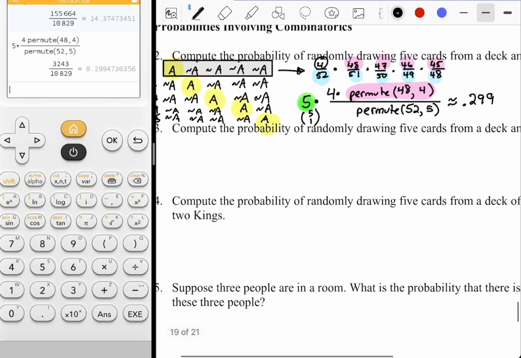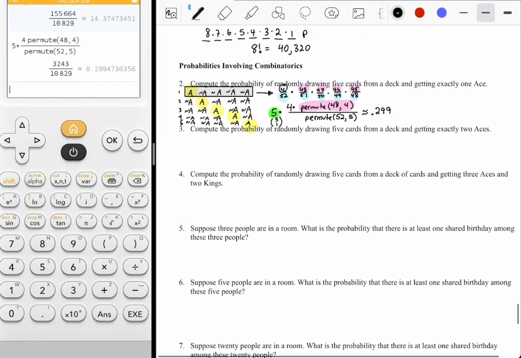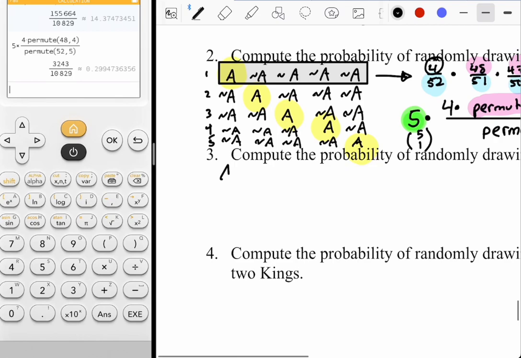So when we do this for the case where we want to get exactly 2 aces, we can do what we did before and say, ace, ace. I'll do a couple of instances. Ace, ace, not ace, not ace, not ace.